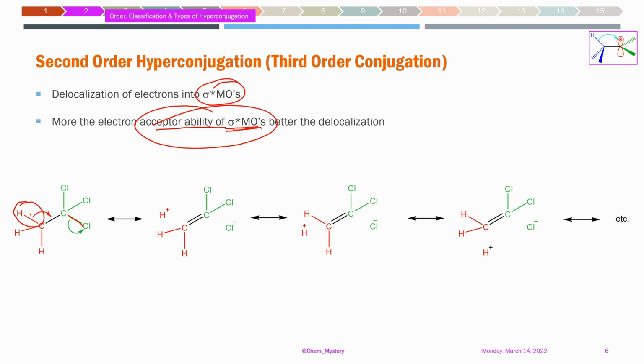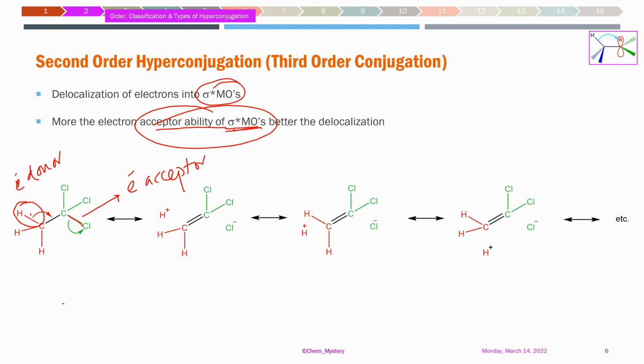So a good electron donor and a good electron acceptor, this kind of third order conjugation or second order hyperconjugation is going to be possible in the case of methyl chloroform. The orbital where electrons are going, that is sigma star, defines the second order hyperconjugation.